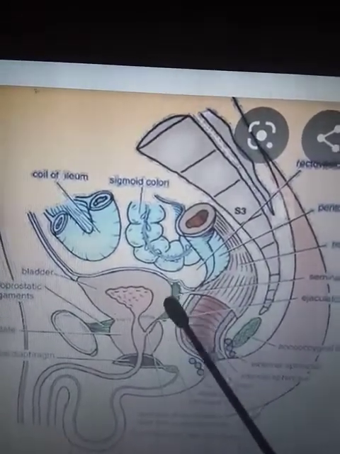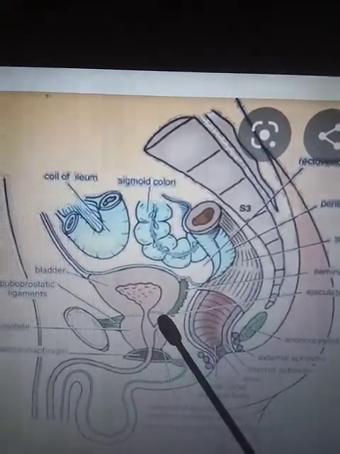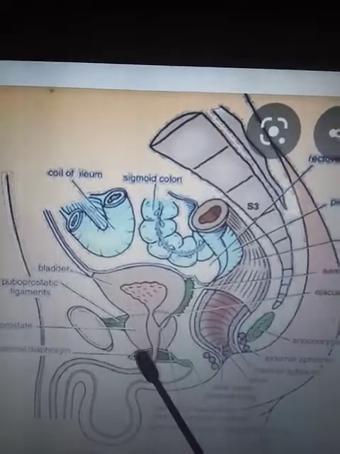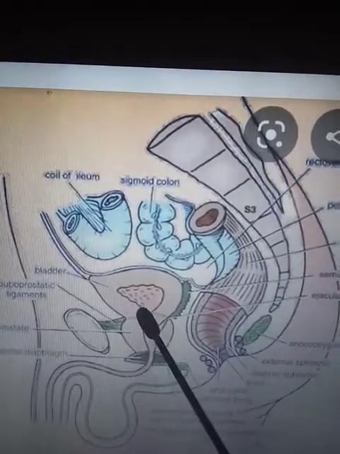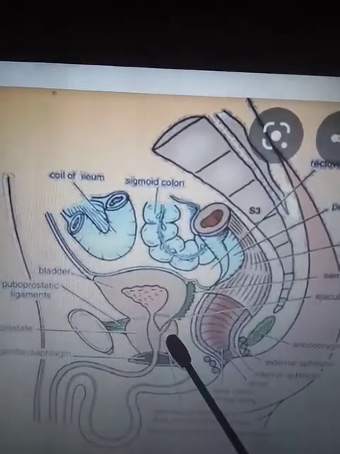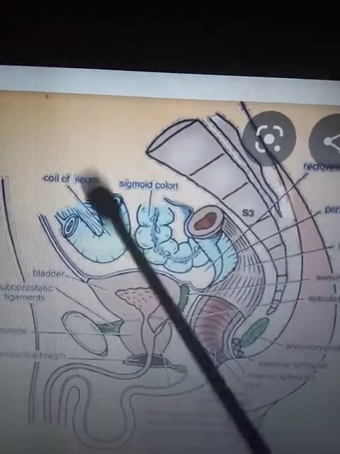This is seminal vesicle. This green colored, this is your seminal vesicle. Then you have this prostate, urinary bladder के नीचे एक accessory sexual organ होता है मेल का, this is called the prostate. You have seminal vesicle, you have prostate, and you have ductus deferens.